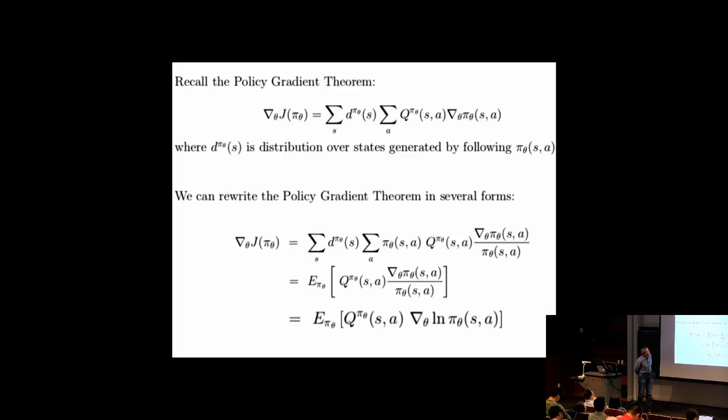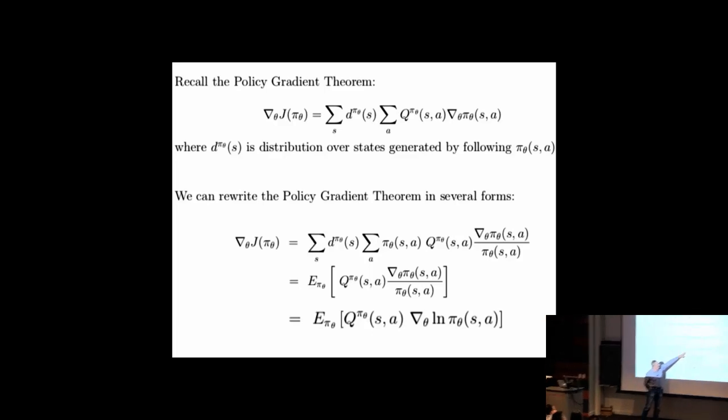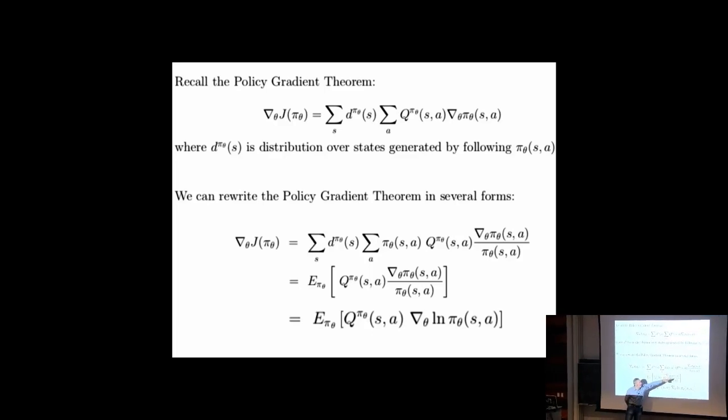Okay, so this is really the thing that tells us what is the derivative of that objective with respect to the parameters theta that define the policy. And I want to start by noticing that we can write this in several forms. For example, I can take that top thing, and this is just a review, we did this before. I can multiply by pi of theta and divide by pi of theta over here and not change anything.